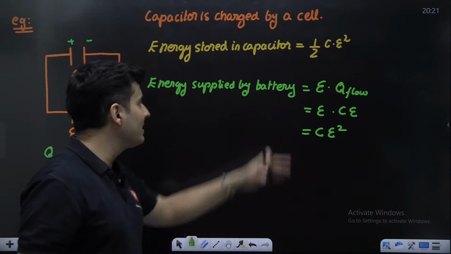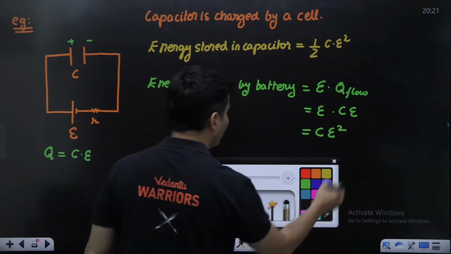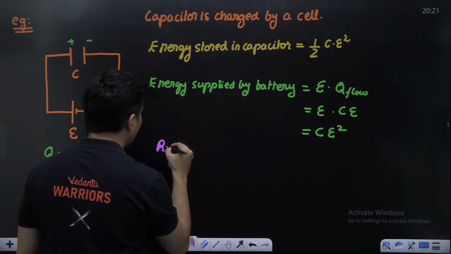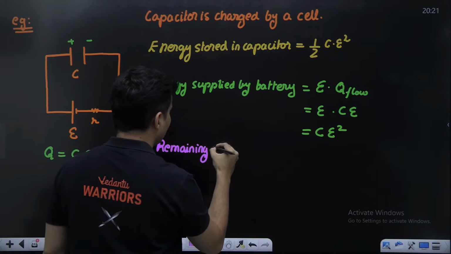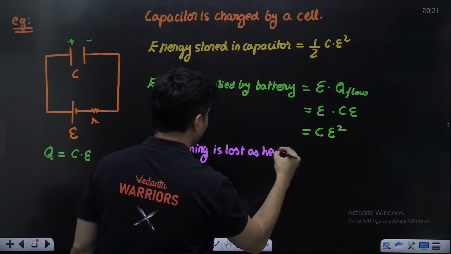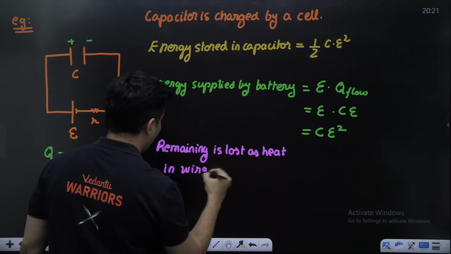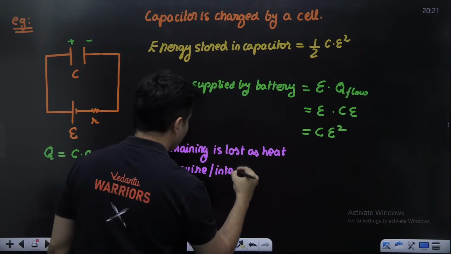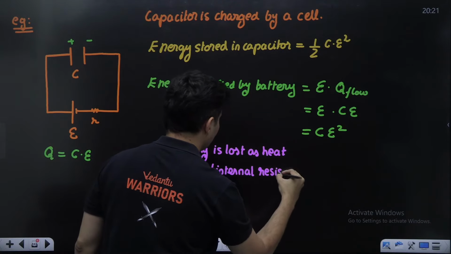So the battery supplied CE square, but you're storing half CE square. Where did the remaining go? Obviously, the remaining energy is lost as heat in the wire or the internal resistance.